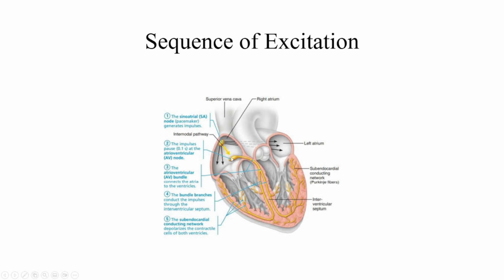Once that's done, the atrioventricular bundle connects the atria to the ventricles. Okay, it connects the atria to the ventricles. So this part here. Then you've got a continuation of the impulse. These bundle branches, these two parts here, conduct the impulses through the interventricular septum.